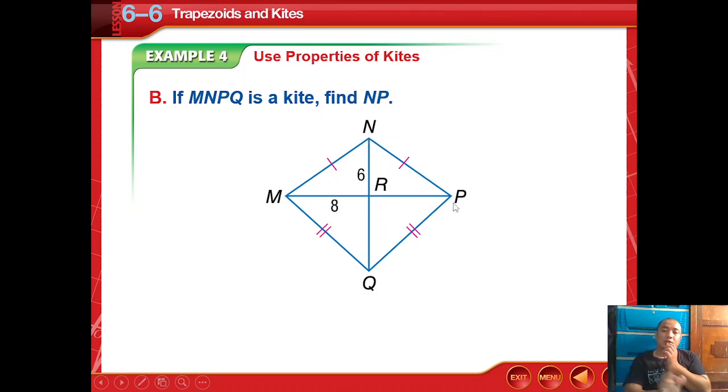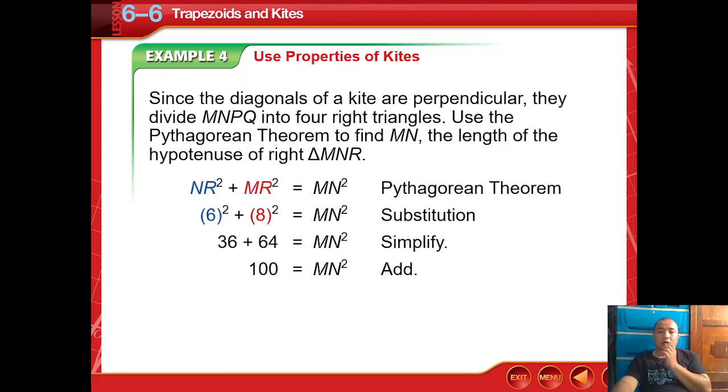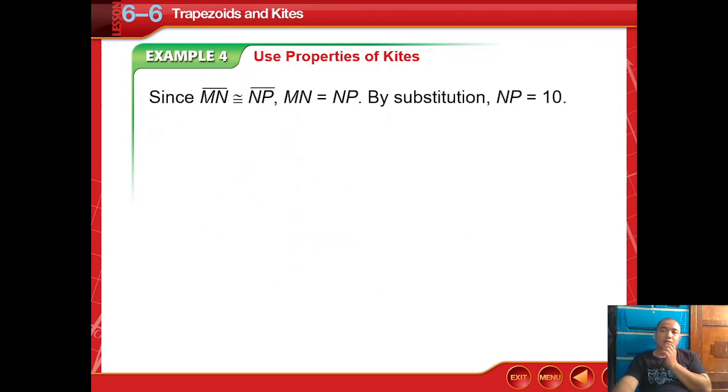Angle NRP is also 90 degrees. So we just use the Pythagorean theorem. 6 squared plus 8 squared, 36 plus 64, 100. Square root of 100. MN is 10. Right? Pythagorean theorem. So if MN is 10, NP is also equal to 10.